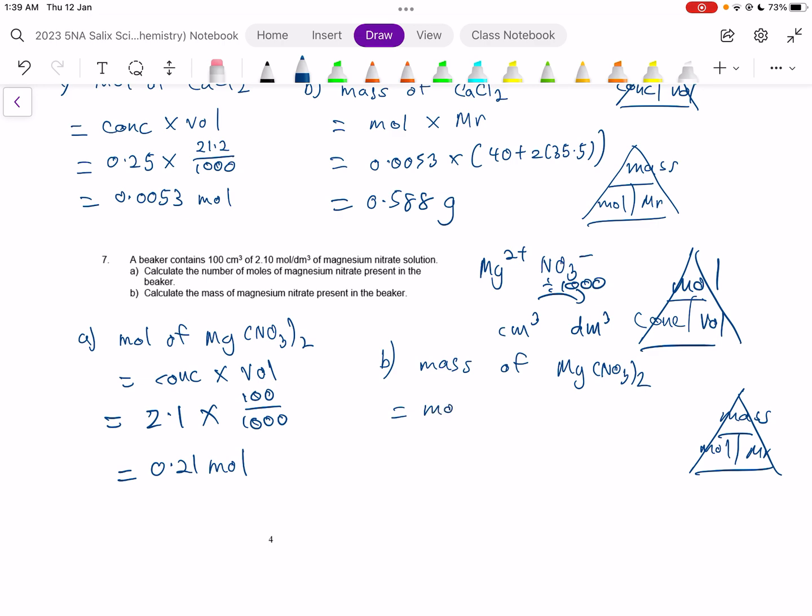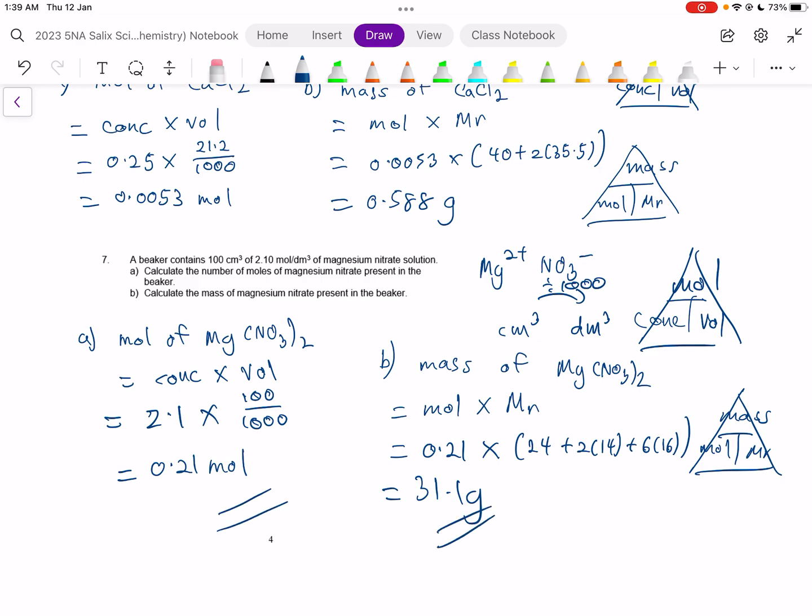This is mole multiplied by Mr. The mole is 0.21. For the Mr, let me calculate: 24 plus 2 times 14 plus 6 times 16, which is 148. 148 times 0.21 gives 31.1 grams. Then I'm done with this worksheet.